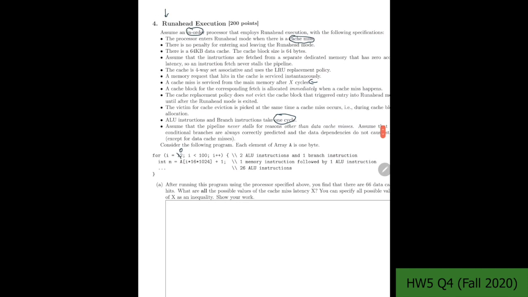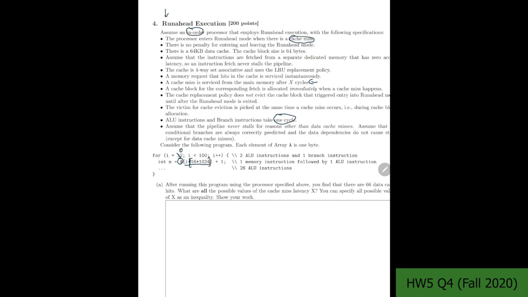So consider the following program. In this program, we iterate 100 times over some computation, and we need to load this memory location A. And we have here some offset, which is 16 multiplied by 1024.